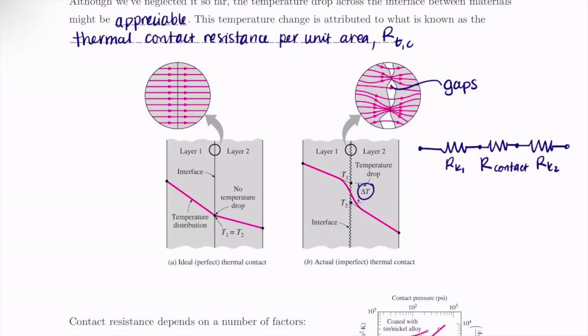All right, and so here, this is our temperature difference at the interface. And our contact resistance is equal to RTC divided by A. Okay?